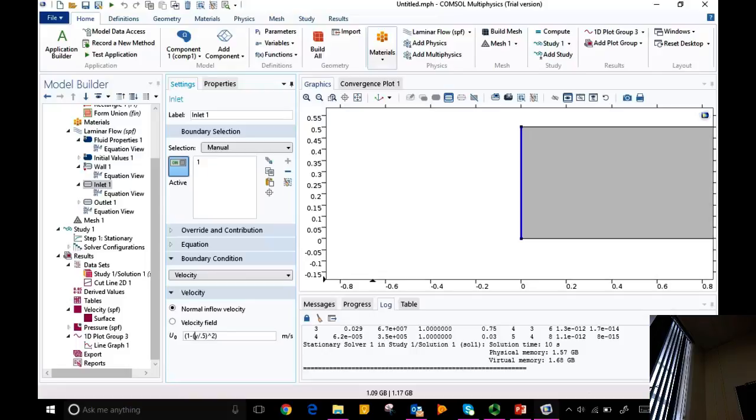So when y is equal to minus 0.5, it's 0, and when y is equal to 0.5, it's 0, and in between it's quadratic. And that is the fully developed profile. We are going to lose the boundary layer. That's the point I wanted to drive, right? It is a fully developed profile, so it will remain a fully developed profile. And the v velocity will be 0 everywhere. There will be no boundary layer development, right?